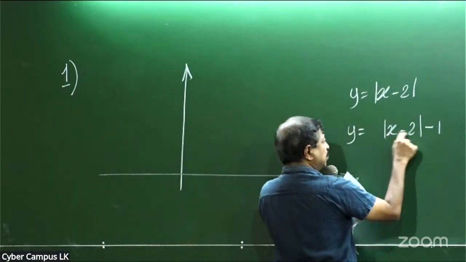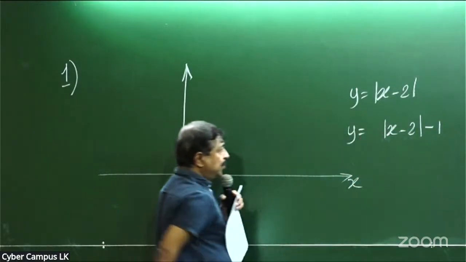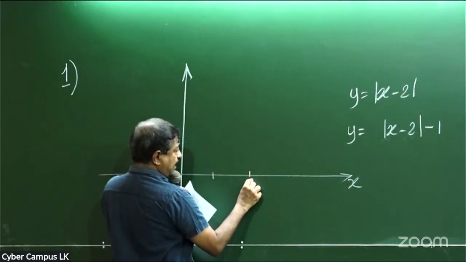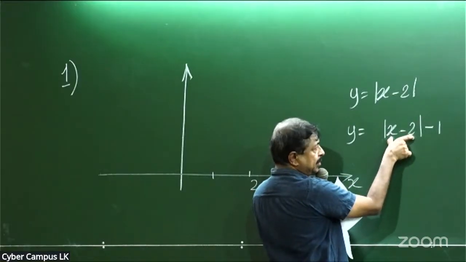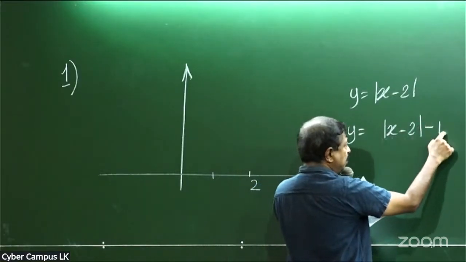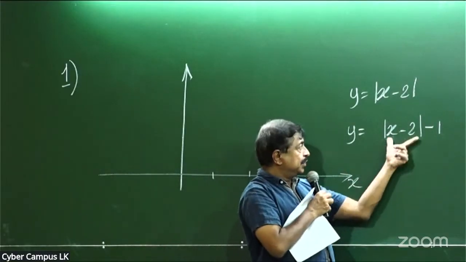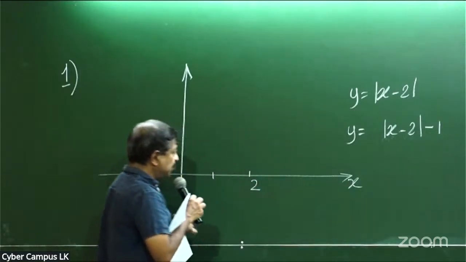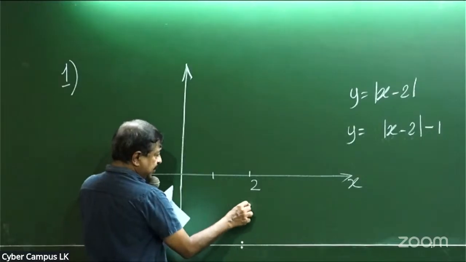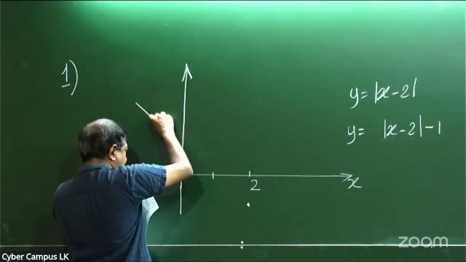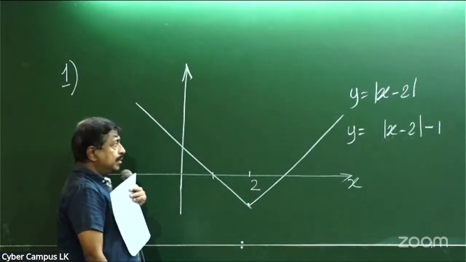First, you find the value of x for which this becomes 0, which is 2. When you substitute 2, you get 0 for this. At that point, the value of y is -1, right? So (2, -1). Because when x is 2, this is 0. So the vertex occurs at this point. It's a v, right?